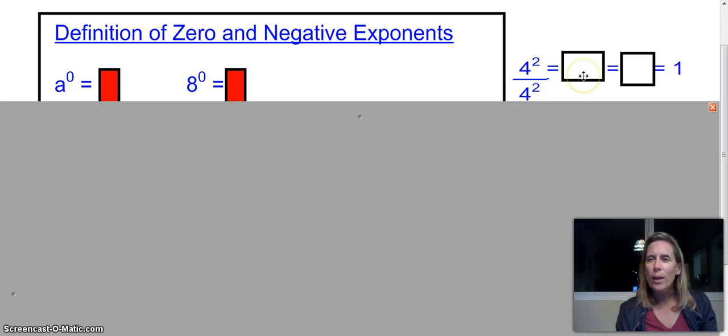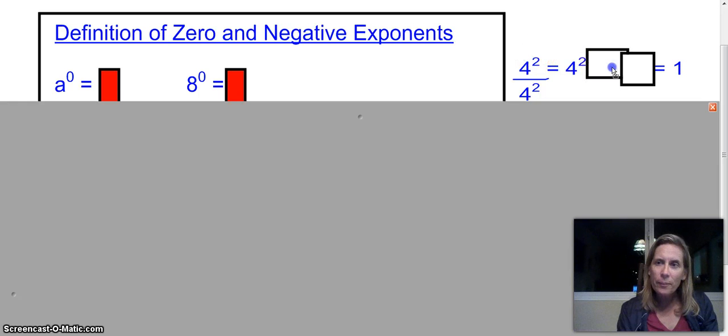We could also write it this way, which is very tricky, and you'll learn this as we move forward. But we could write this as 4 squared minus this exponent. So we could move the denominator, which has the same base as the numerator, they both have the base of 4.